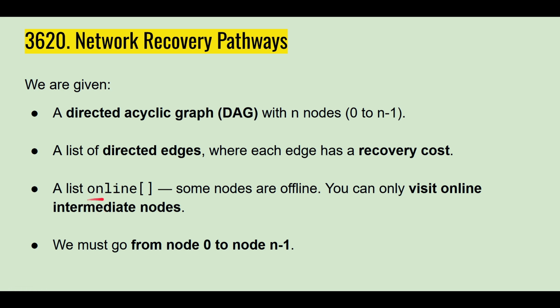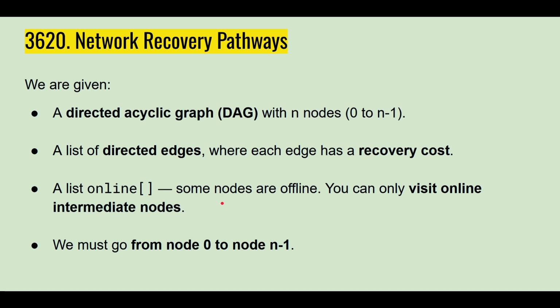We are also given an online array, meaning some nodes are offline, and you can visit the online intermediate nodes. So all the intermediate nodes must be online to visit them. We must go from node 0 to node n minus 1, as we saw yesterday in the example.